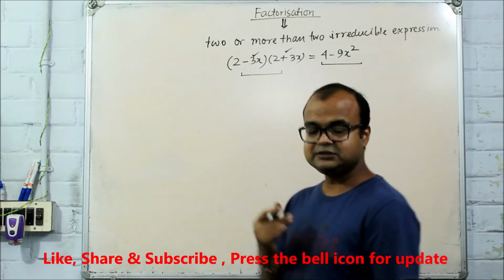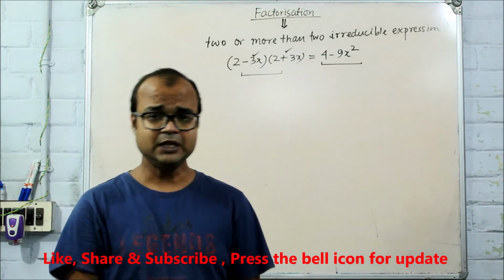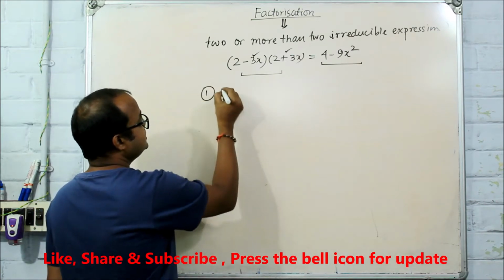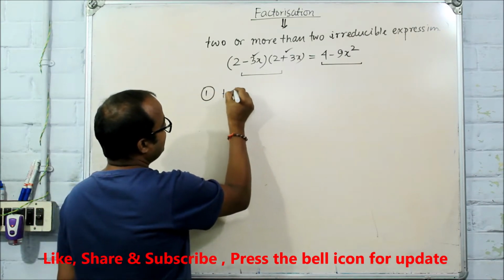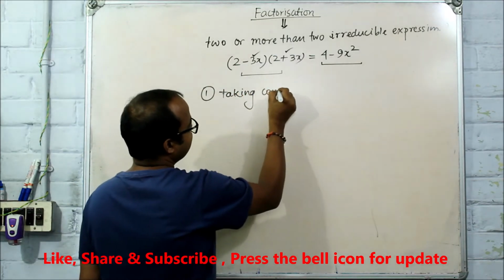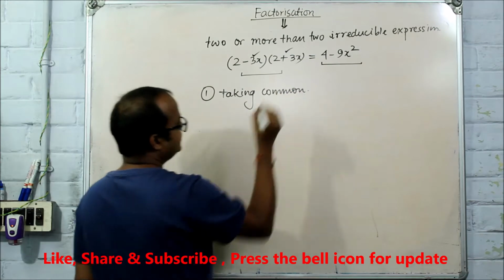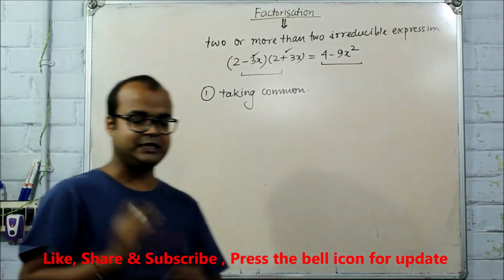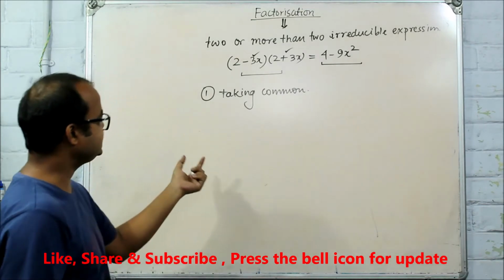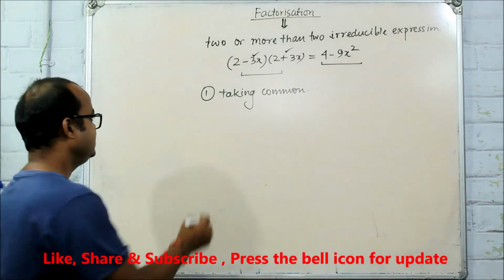Now, what are the methods? First, we are going to discuss taking common from the given algebraic expression. The first method to find the factors is by taking common.